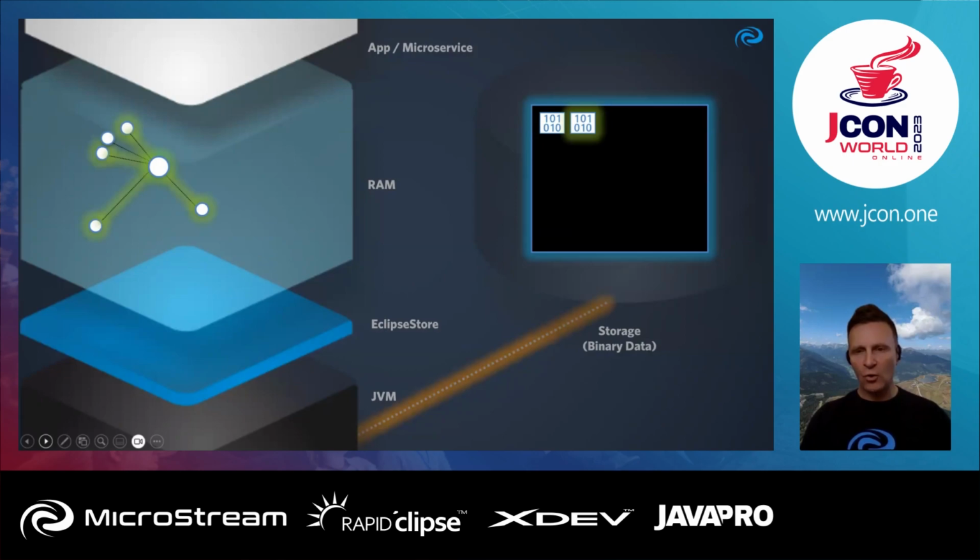So each store is a new binary, and this operation is transaction safe. It's an all-or-nothing atomic operation, transaction safe, and a fully consistent approach. So it's guaranteed that it's really stored in the storage.